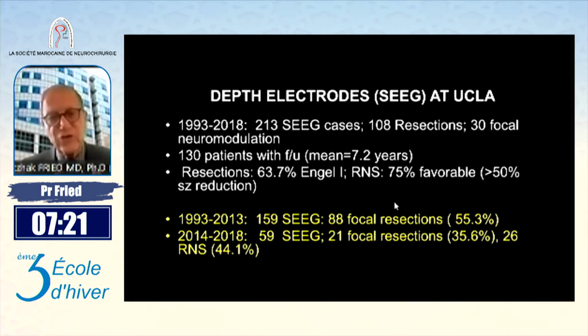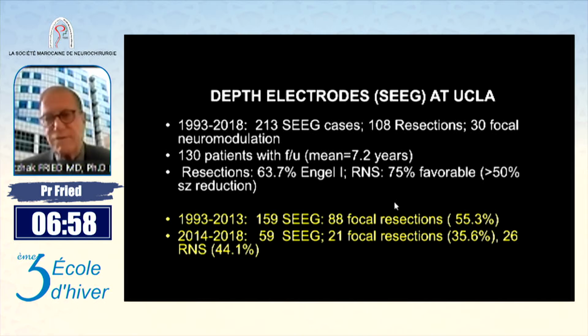But what we saw very clearly, and this will be relevant to the insula, is that if you look at this period of time from 1993 to 2013, 159 patients with SEEG, we can only offer resection to about half of them, and we couldn't treat the rest of those.